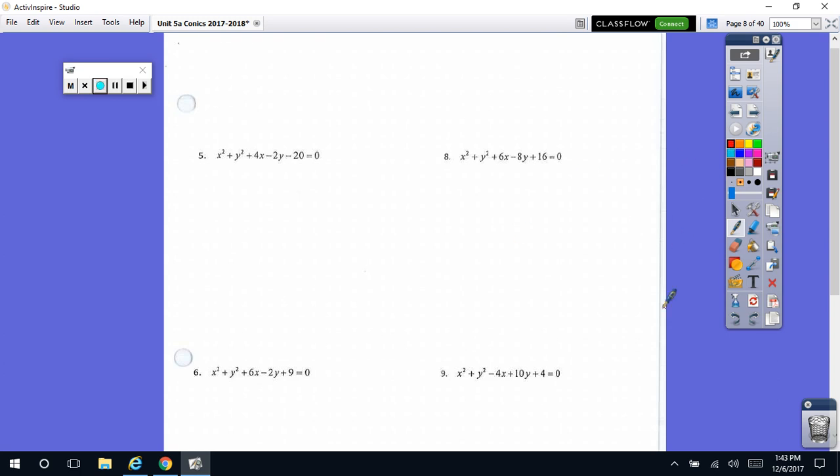Going to kind of go fast through these since we've done a lot together. And they should be pretty much done. You're just checking your answers.